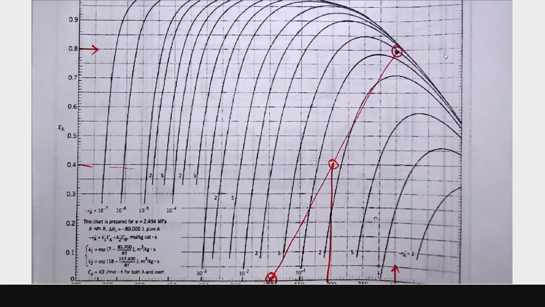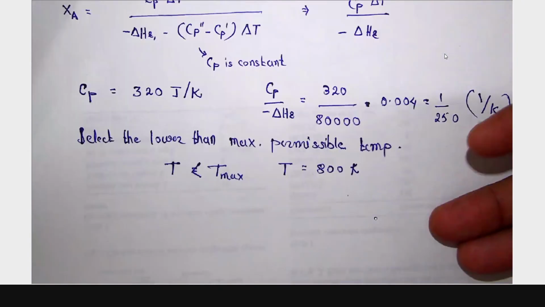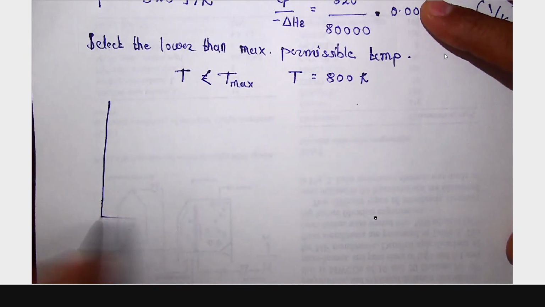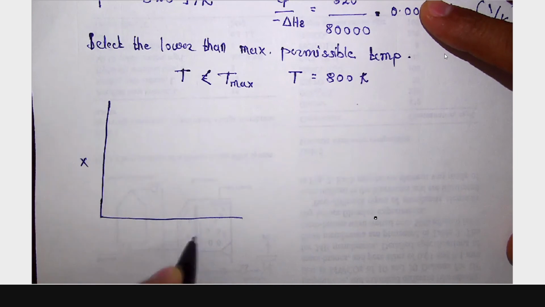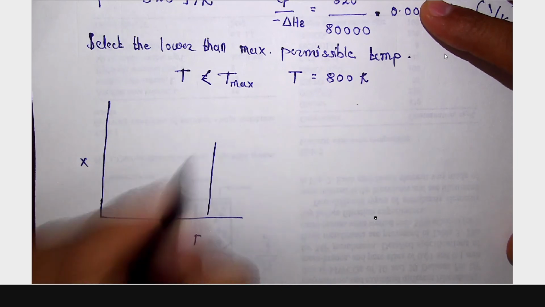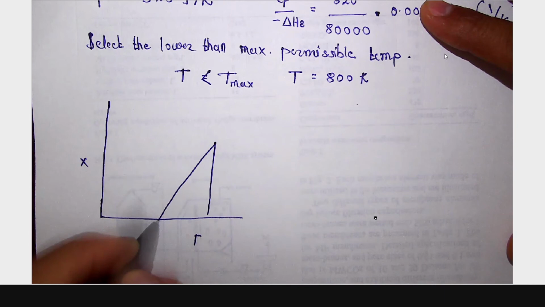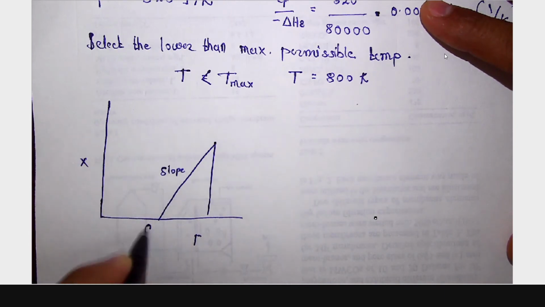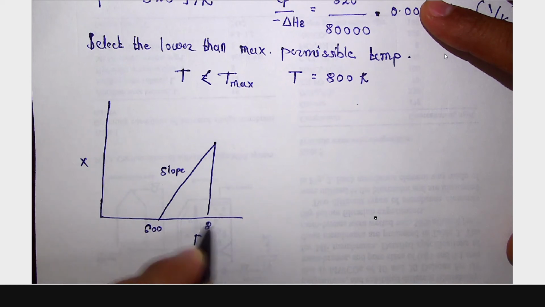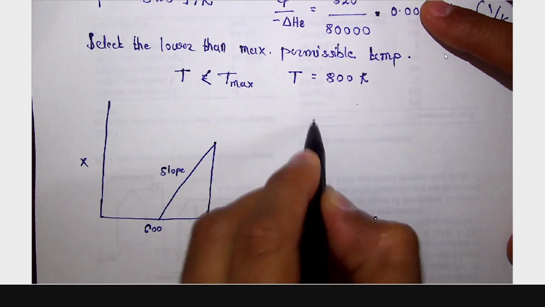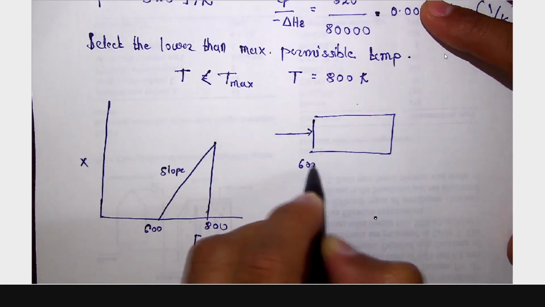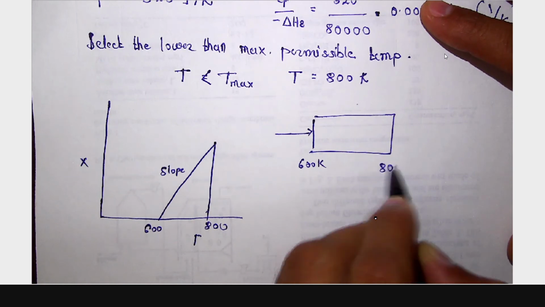So if I draw this figure, X_A versus T, this is the slope, this is 600, this is 800. So definitely in the reactor, the feed must reach 600 Kelvin, and it will reach up to 800 Kelvin.